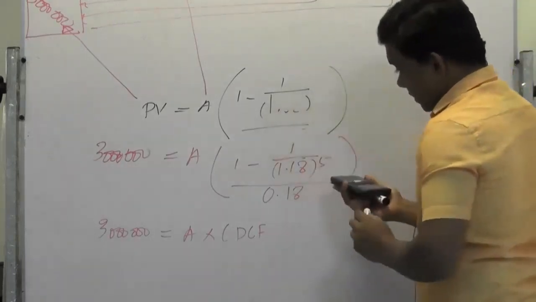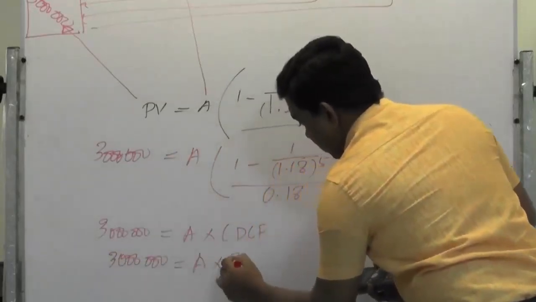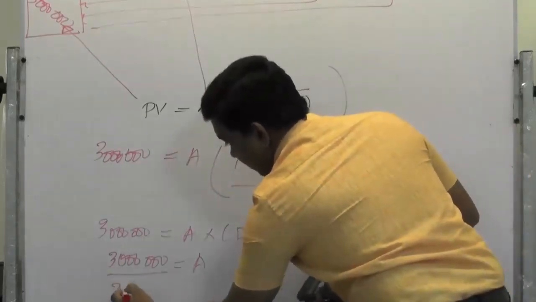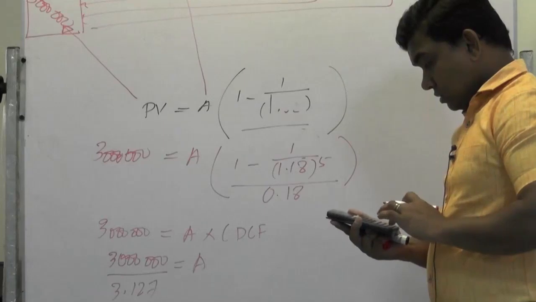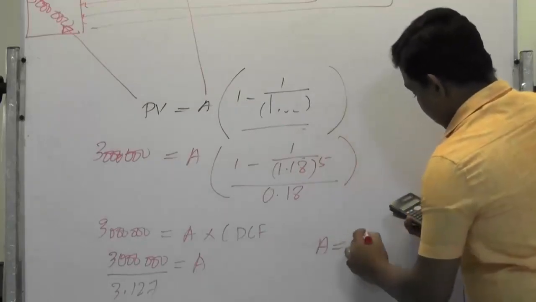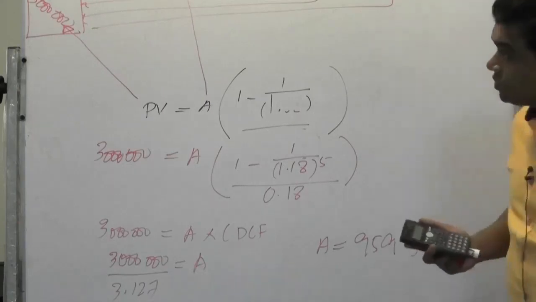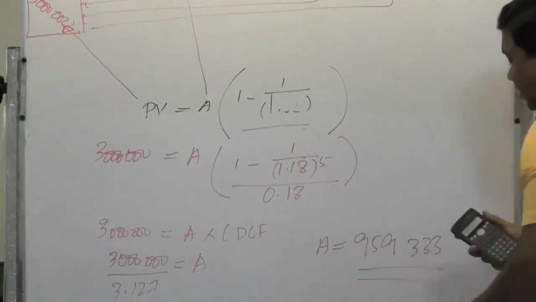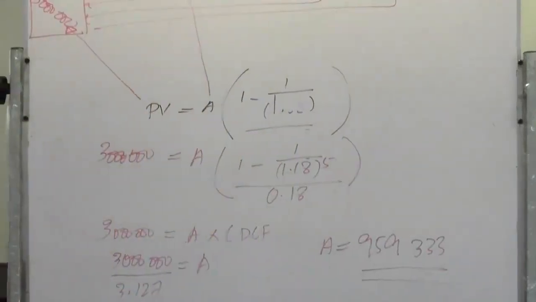It is 3.127. Therefore 3 million equals A into 3.127, then A equals 3 million divided by 3.127. Answer will be A equals 959,333.52053. They have taken the nearest rounded figure, 959,333. Now let's take question number 12.